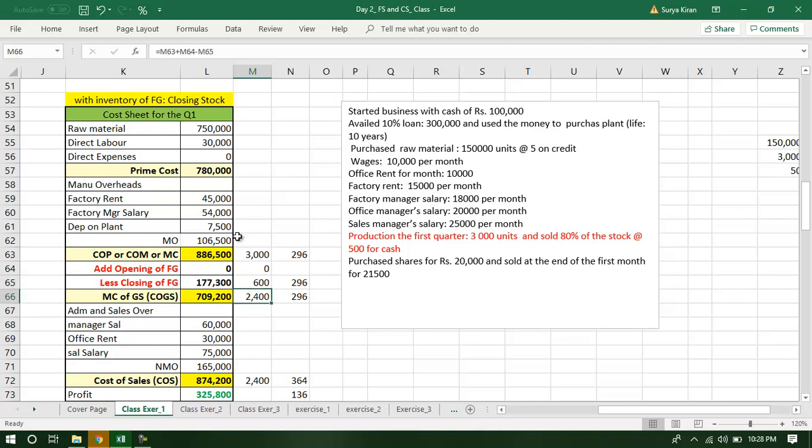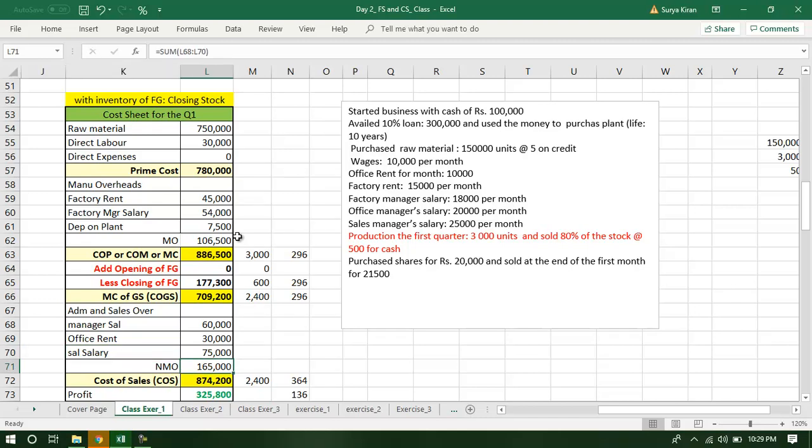So the corresponding cost of the closing stock will be deducted. So the cost of goods sold, or the manufacturing cost of the goods sold, is equal to 709,200.